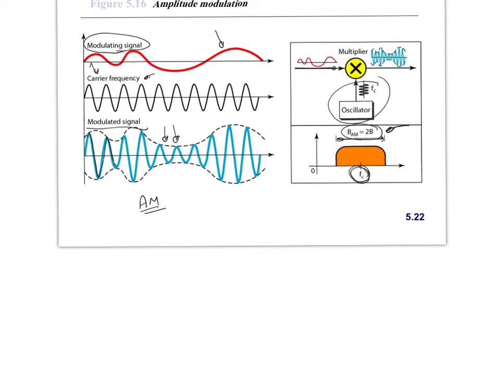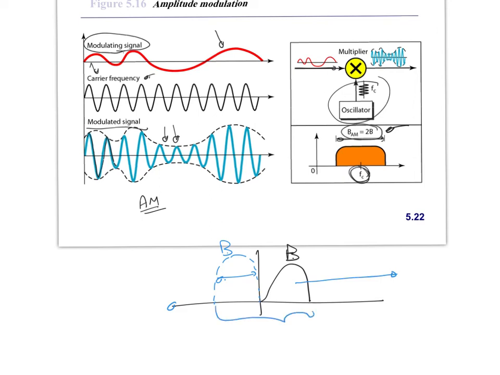But what is the explanation? The explanation is that the signal itself has a baseband bandwidth of B, right? What we did not talk about is what we call the shadow signal. The shadow signal is another signal in the negative frequency. You'll ask me, is there such a thing as negative frequency? There is a shadow signal in the negative frequency with the same bandwidth as the baseband bandwidth of the signal. So when the signal gets shifted in the frequency domain, the negative frequency becomes positive.